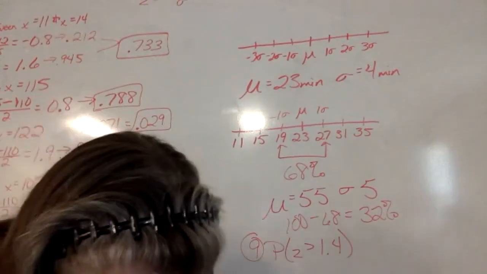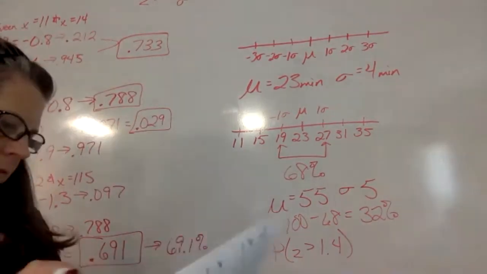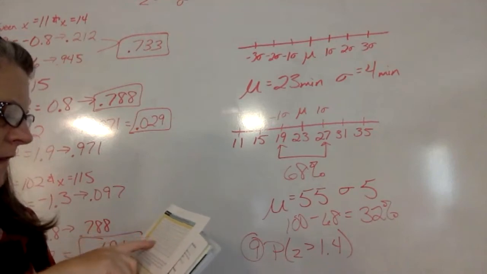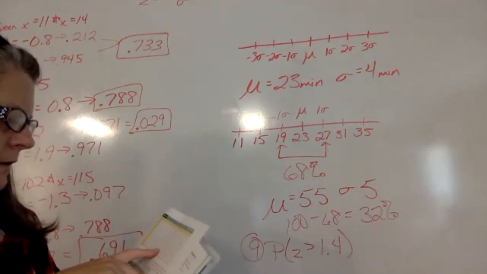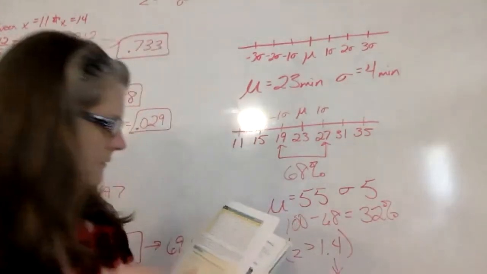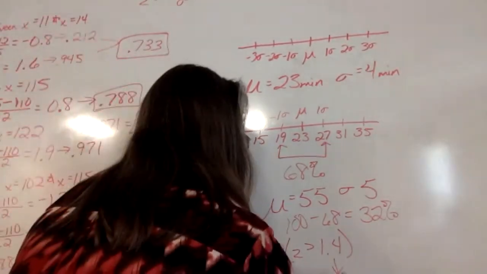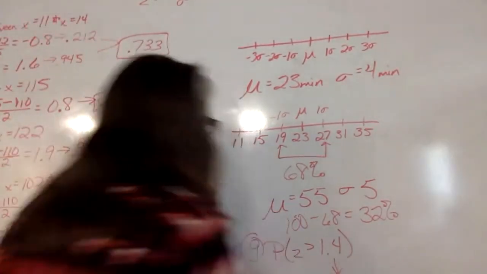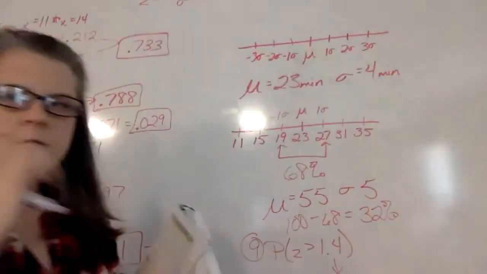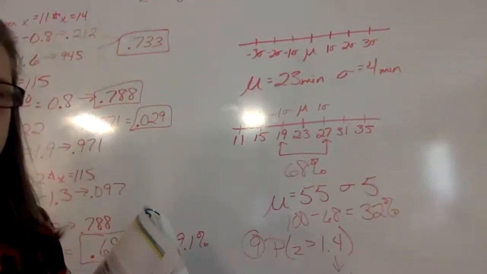Okay, so I look at my little table for 1.4. We find 1. We find 0.4. This is 0.919. Now, this said it was what, though? Above. All right, greater than means above.